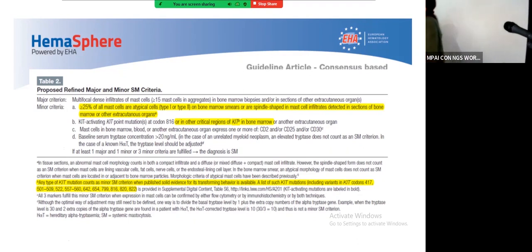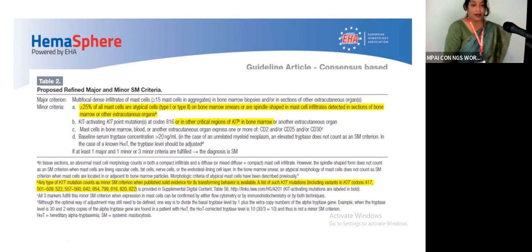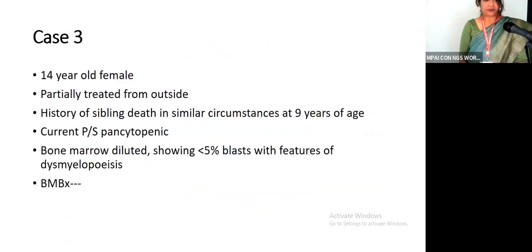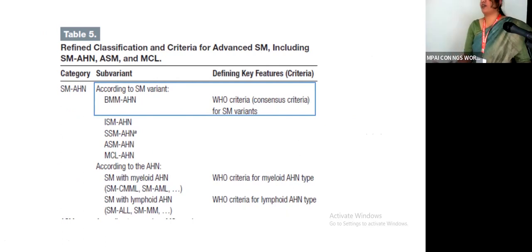The bone marrow aspirate had more than 25% cells, with large clusters also. If the aspirate is showing clusters, the biopsy must be there, and then KIT also qualifies because the rarer mutations now form a criterion. So the new classification will classify this case as systemic mastocytosis with AHN with bone marrow mastocytosis.